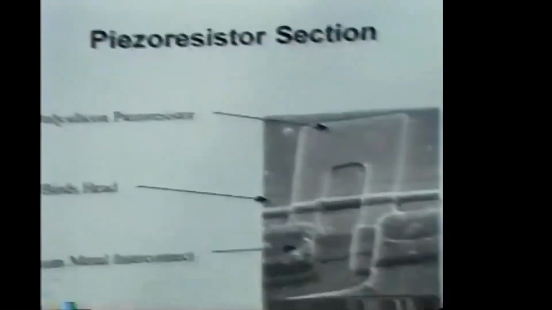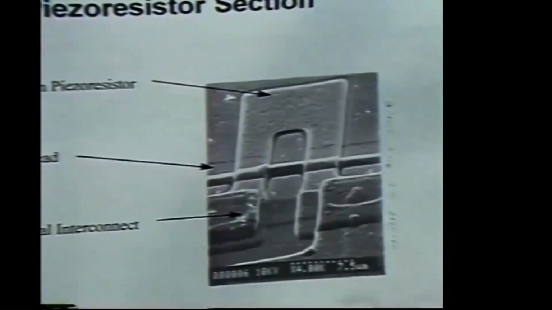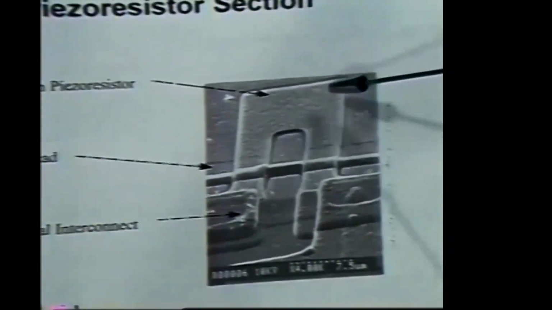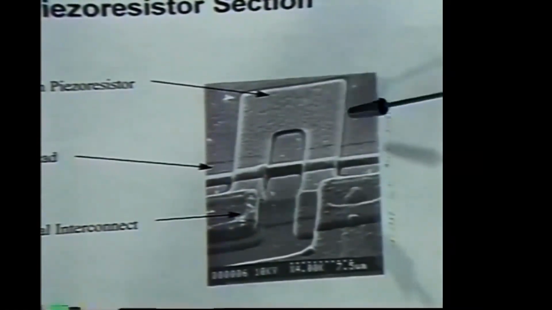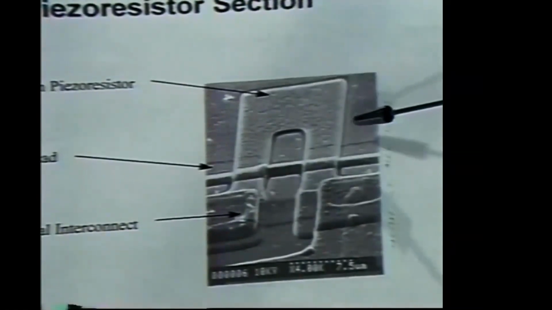Here's a close-up of one of the piezoresistors that you saw on the previous picture, and it provides a better view of both the polysilicon that is part of the sensing membrane and the polysilicon that is part of the piezoresistor. In fact, you can detect that there's a different granularity because it is actually different films.